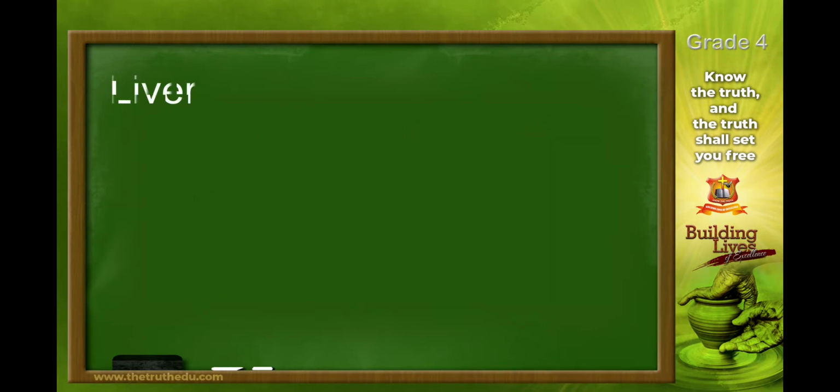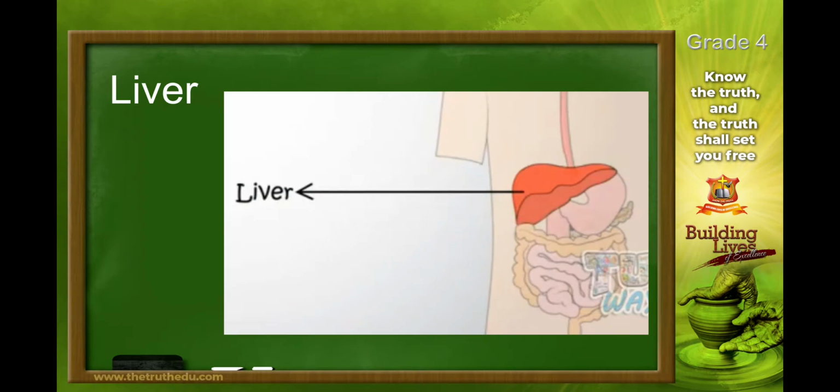And the fourth part is the liver. The liver is a very big organ. It is over the stomach. The liver produces juices, many chemicals.